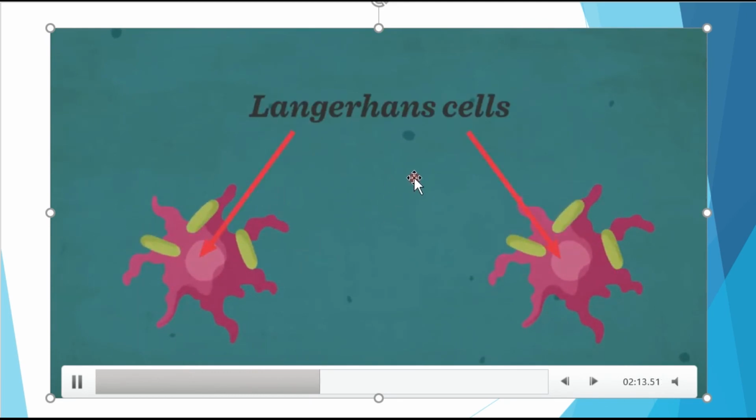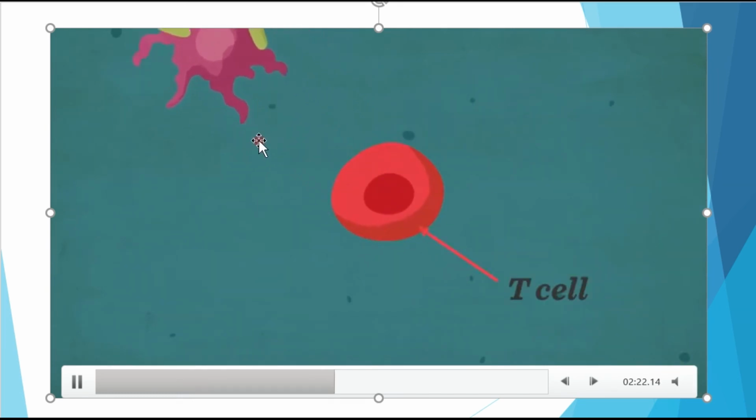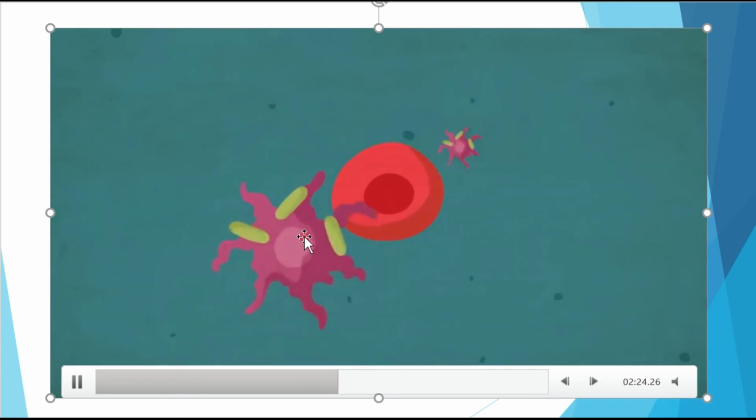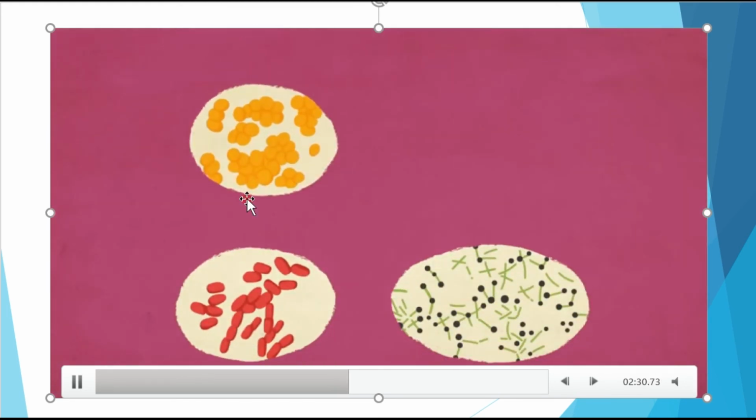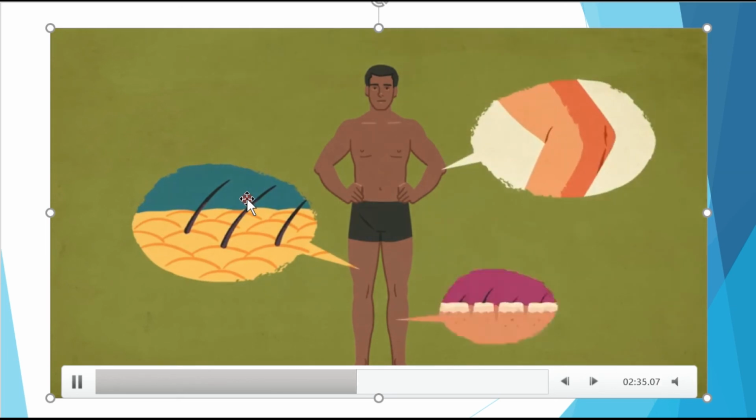Even if they enter, they are killed by the cells below the skin, so that the WBCs remove them. The antibodies, that is how they protect the body against the invasion of germs, be it a pathogen, that is virus or bacteria.